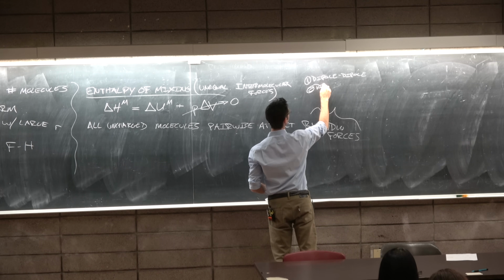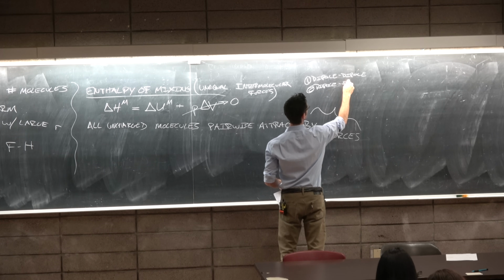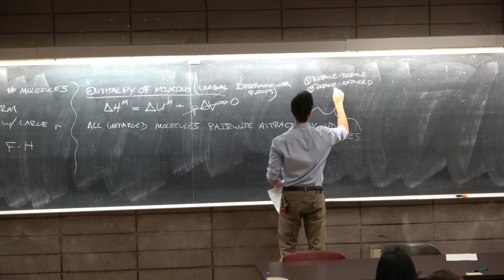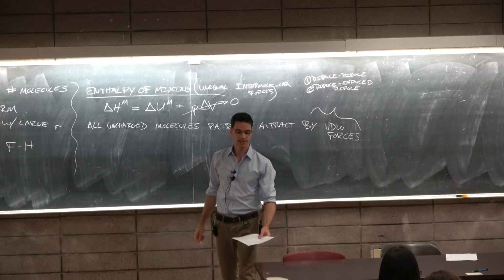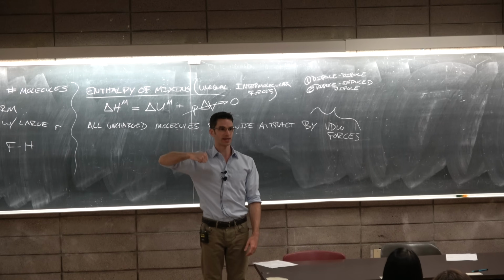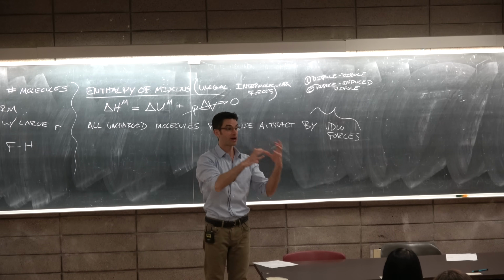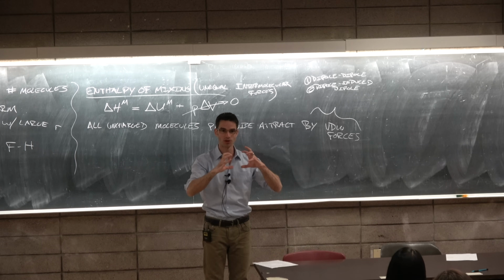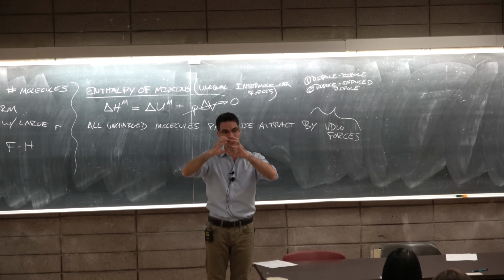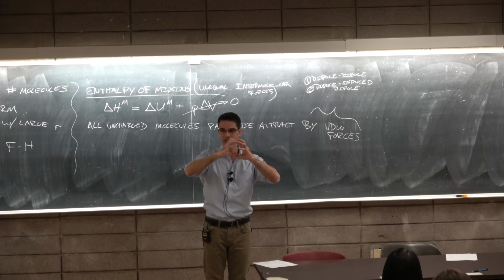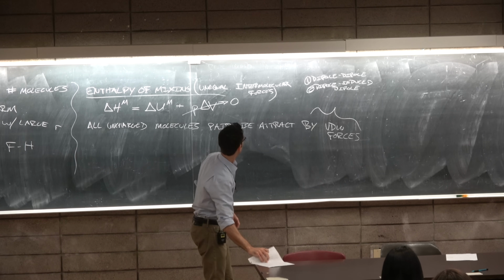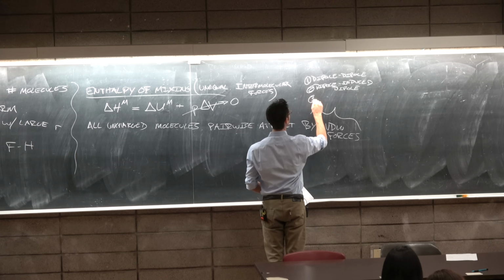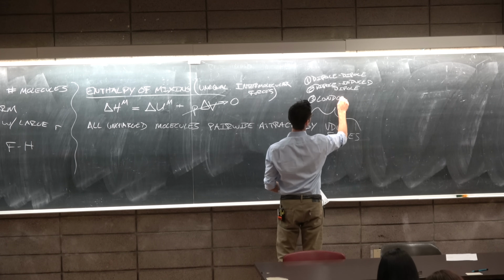You have dipole-induced dipole forces, where a permanent dipole interacts with the electron cloud of an adjacent molecule that polarizes, that shifts the electron cloud a little bit away from its equilibrium position, creating a new dipole, which the permanent dipole then interacts with in an attractive way. And then you have London dispersion forces.